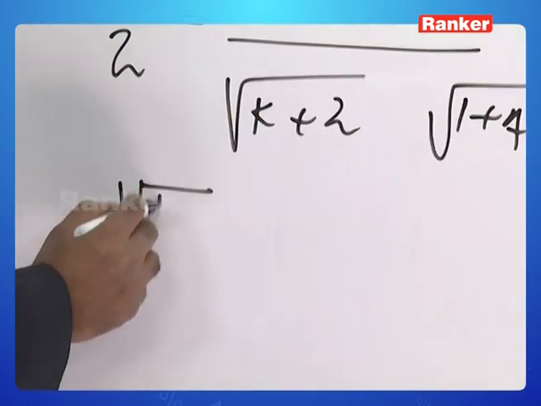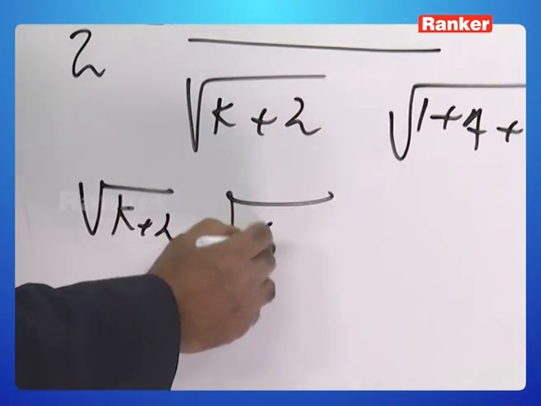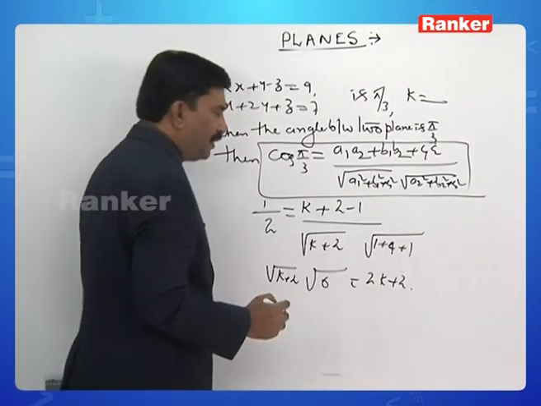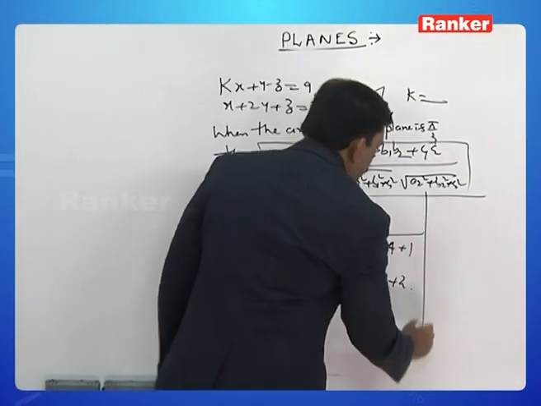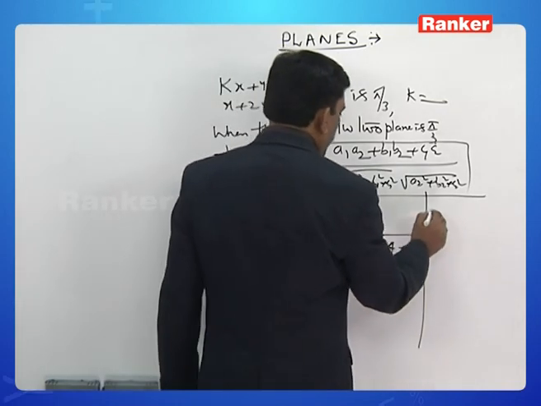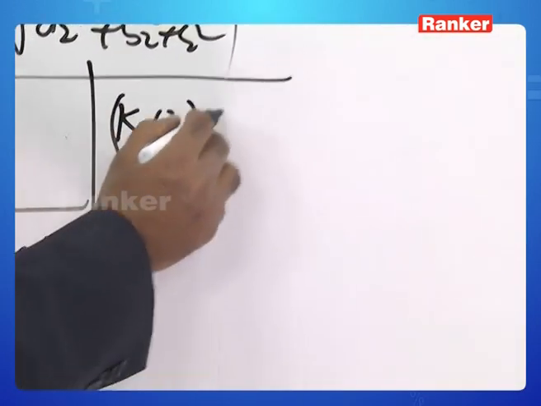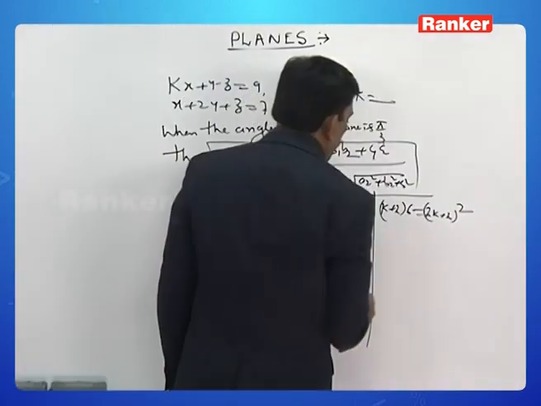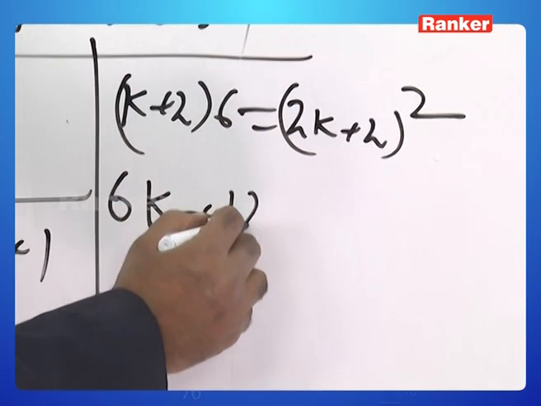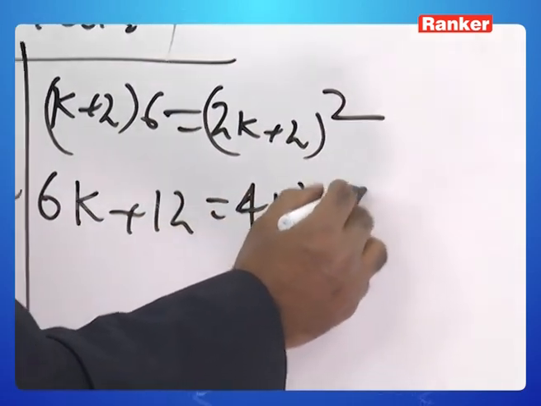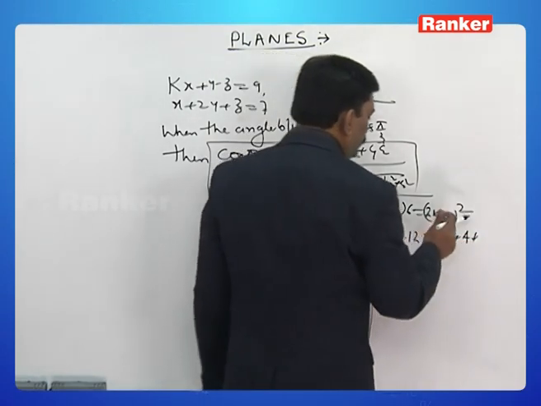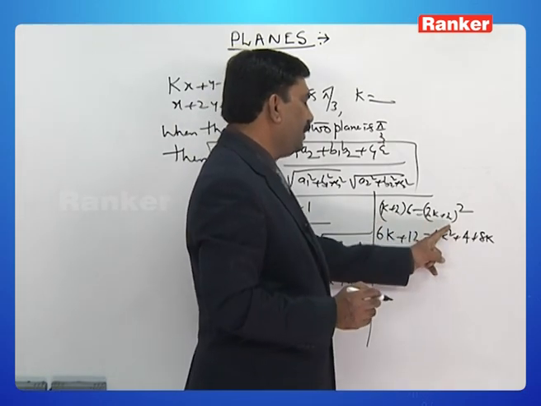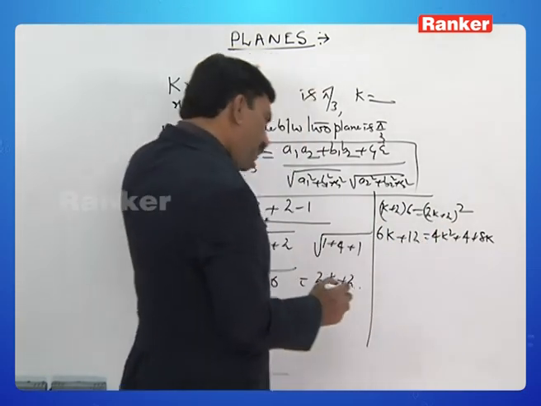This becomes root of k plus 2 into root 6 is equal to 2k plus 2. Now squaring on both sides, you get (k plus 2) into 6 is equal to (2k plus 2) whole square. Expand it. 6k plus 12 equals 4k square plus 4 plus 2 into 4, 8k.